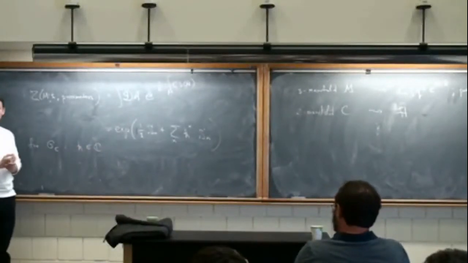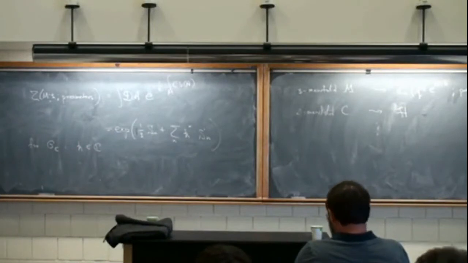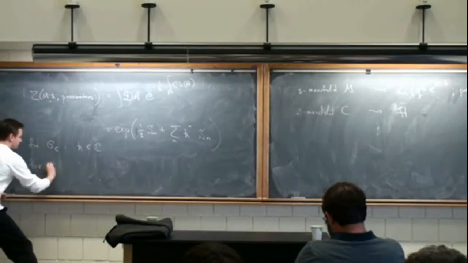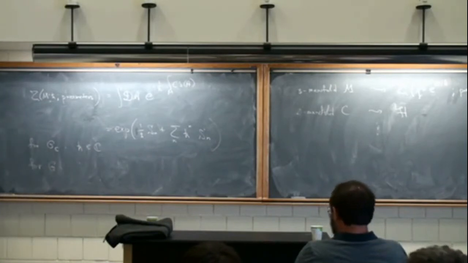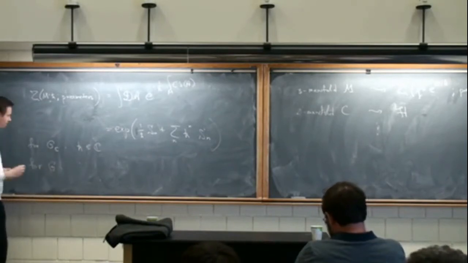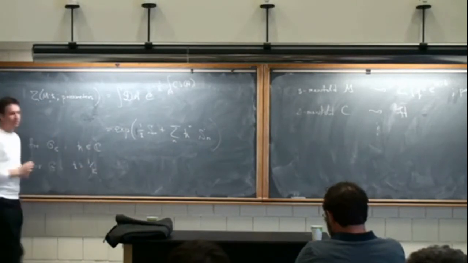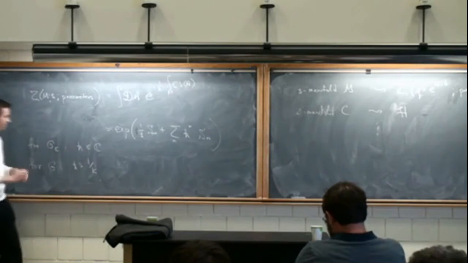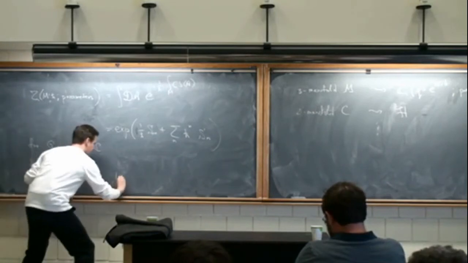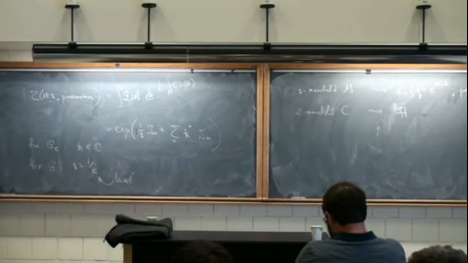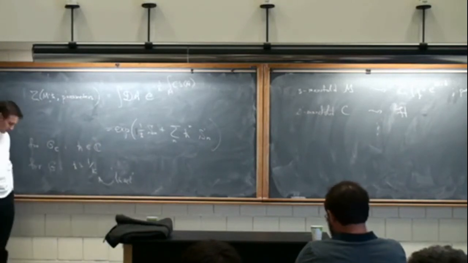In fact, it doesn't even have to be real. And for the analogous theory based on a compact Lie group G, as you probably know, h bar is 1 over an integer. The integer is usually called k and is the level. This is another general aspect of this story that I want you to keep in mind.